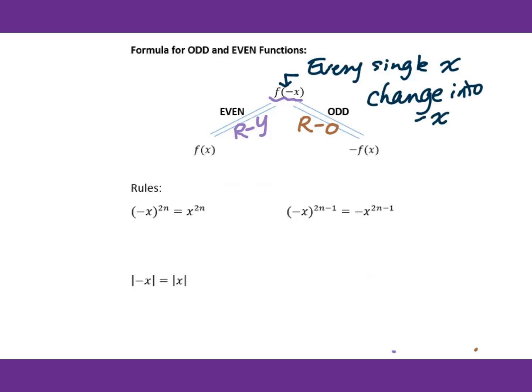What's the meaning of negative f of x? That's the opposite of f of x. In other words, you could say that means negative 1 times f of x.